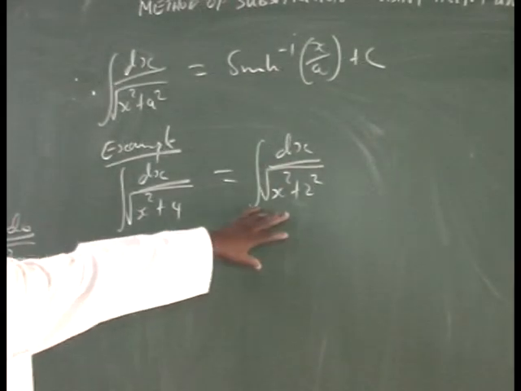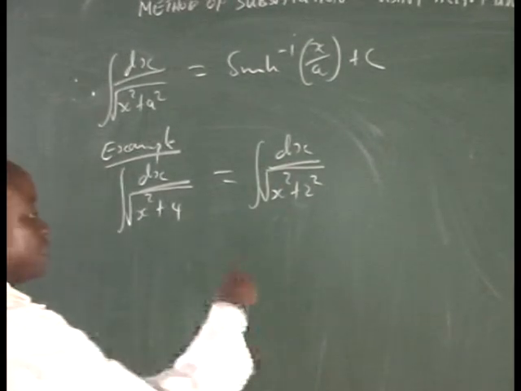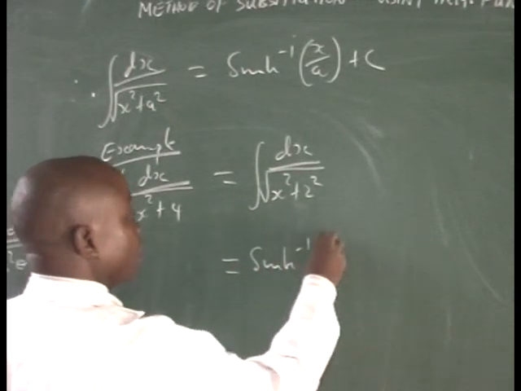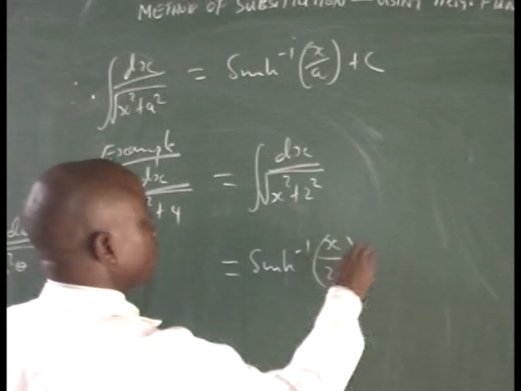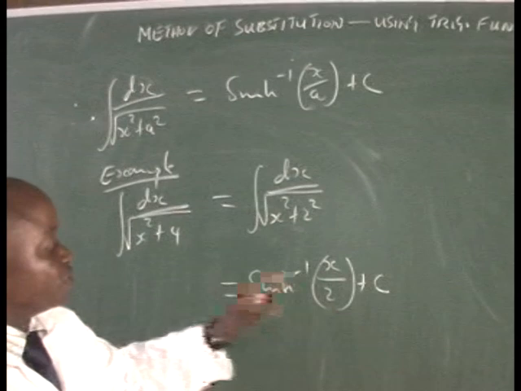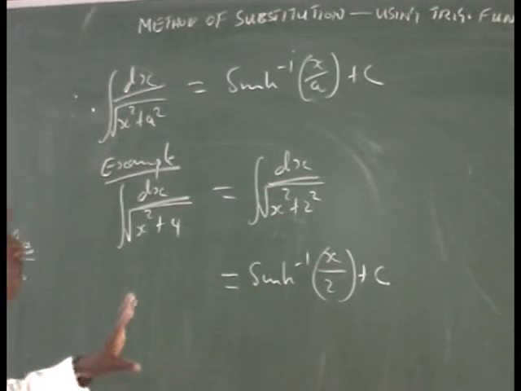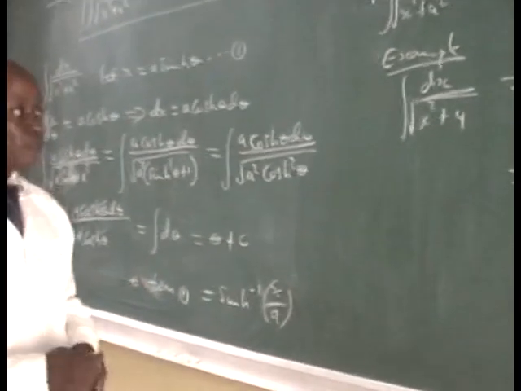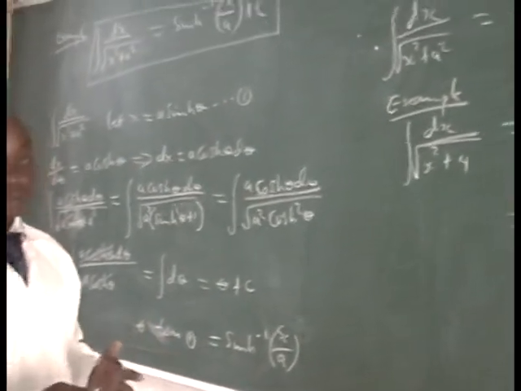It is the same as sine inverse of x all over 2 plus c. You know, this a is taking the place of 2 now. So you just have the answer in that way, following this substitution. So that's how it is done by substitution.